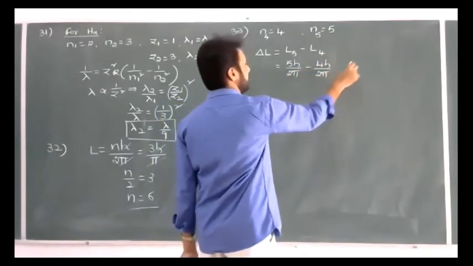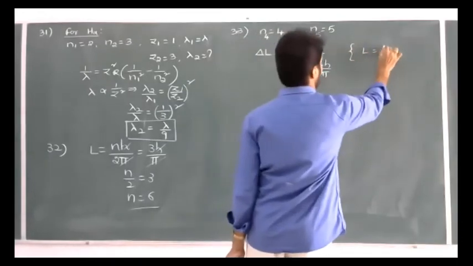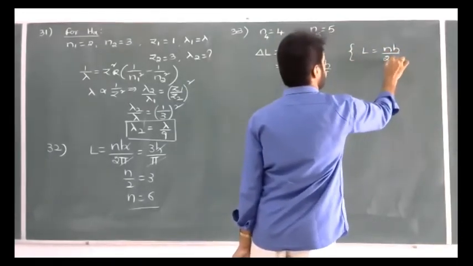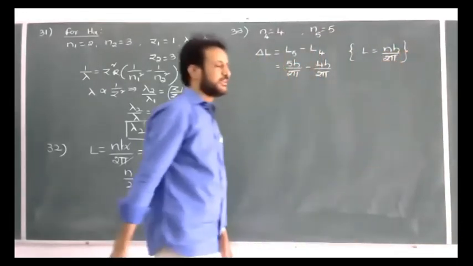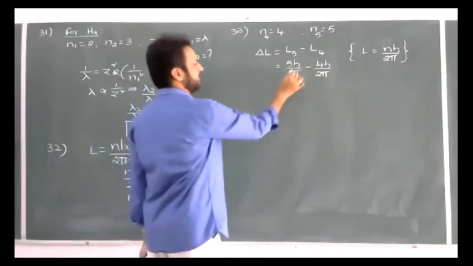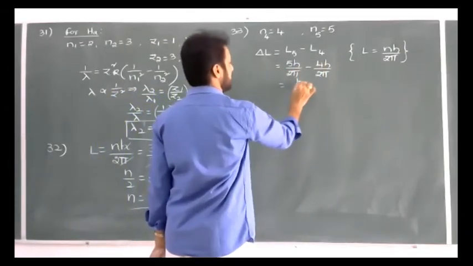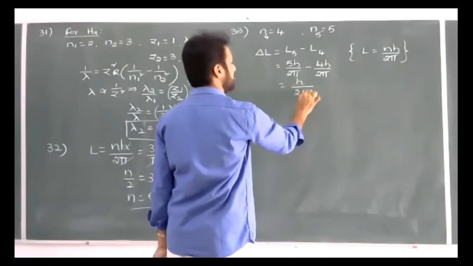Taking h by 2 pi common, 5 minus 4 is equal to 1, so the value is h by 2 pi only.